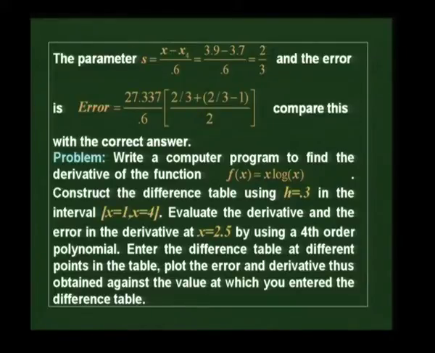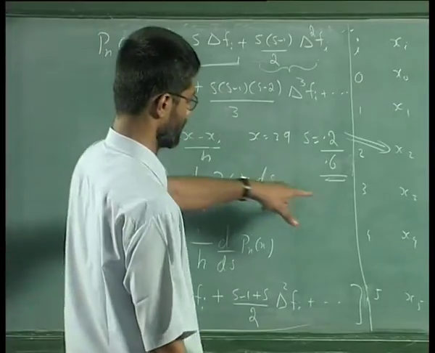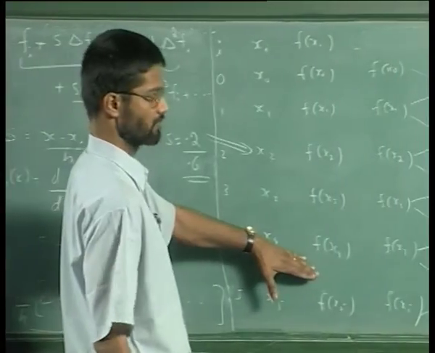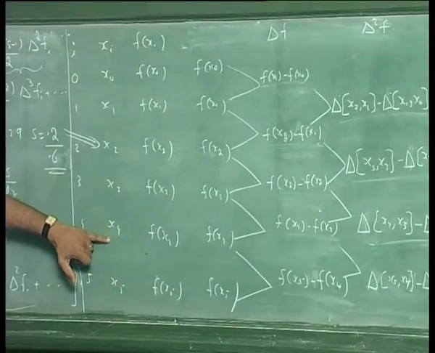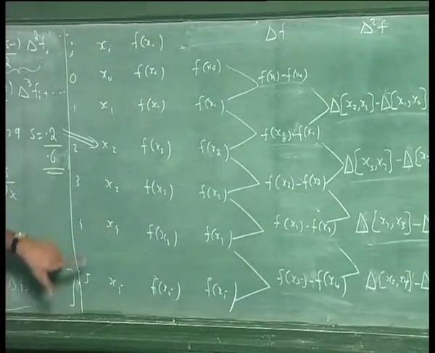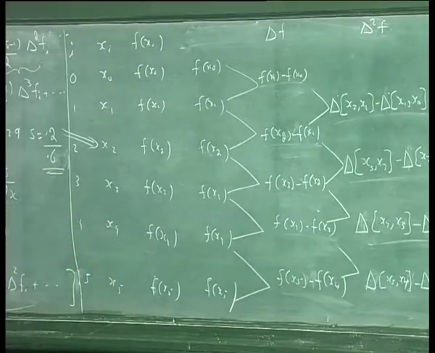So then here is another problem which you could look at, and then compare again by doing this kind of an evaluation. So notice that in this particular example we had x4 as our starting point, because our data point at which we want the derivative was between x4 and x5.